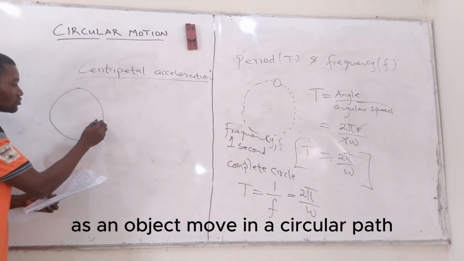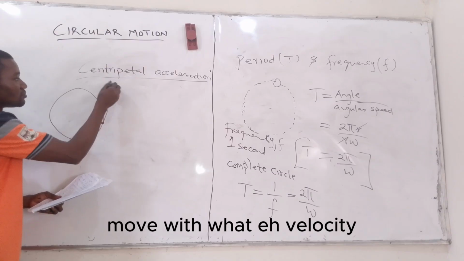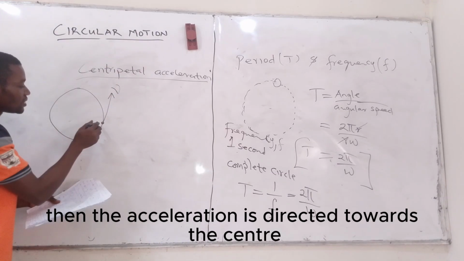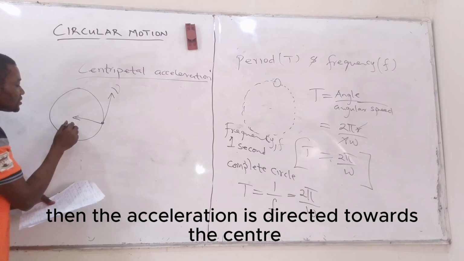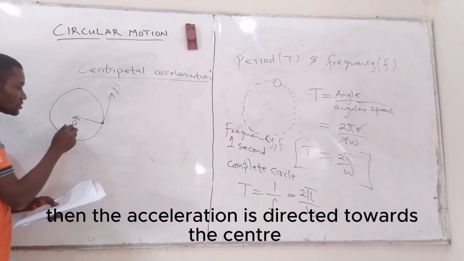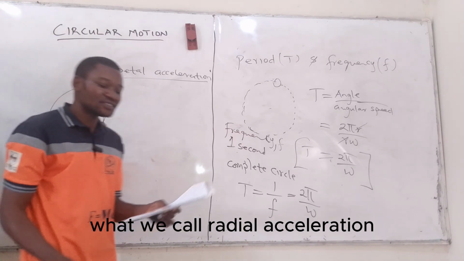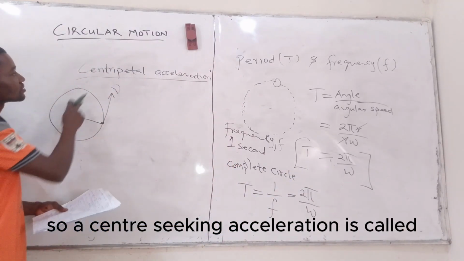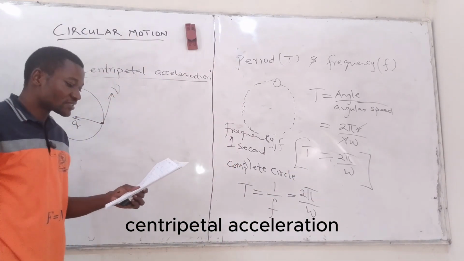As an object moves in a circular path with linear velocity, the acceleration is directed towards the center, what we call radial acceleration. So a center-seeking acceleration is called centripetal acceleration.